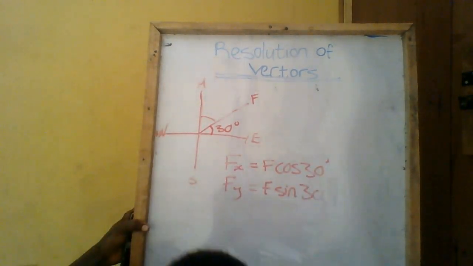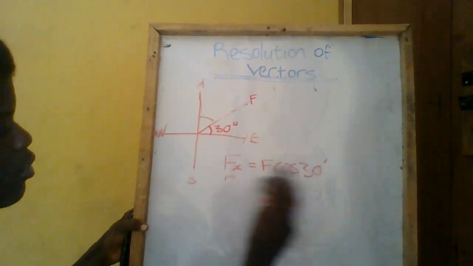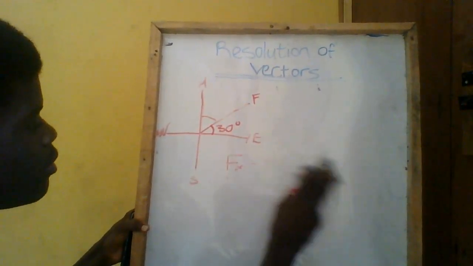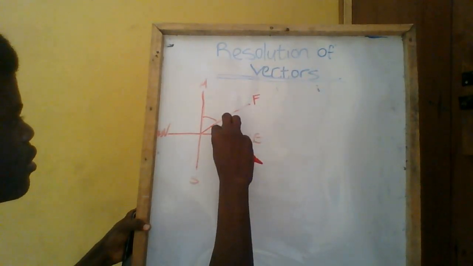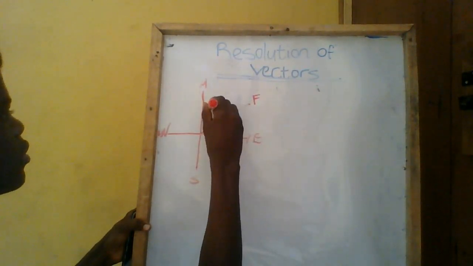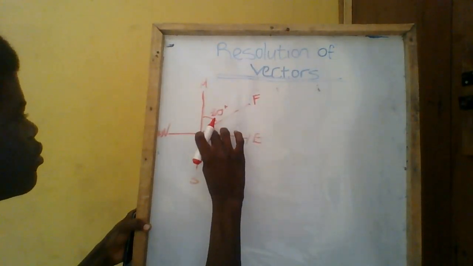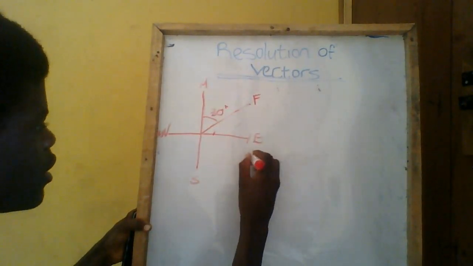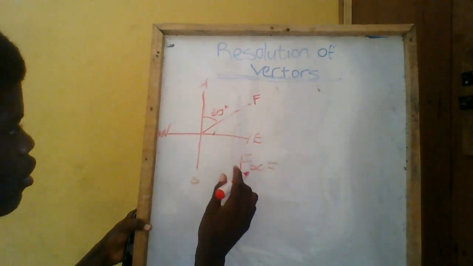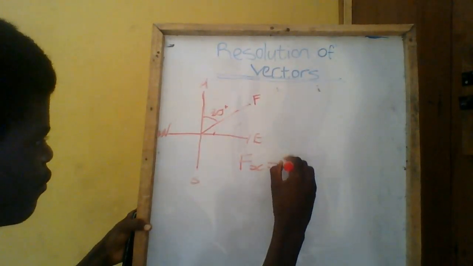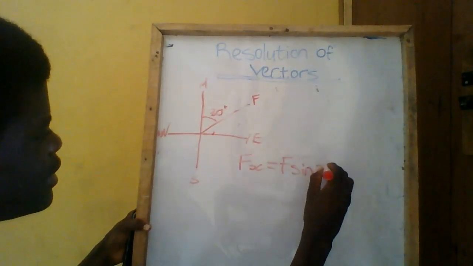Okay, this is a basic example. You guys will be like, okay, this one is blah blah blah. So let's assume this angle, 30 degrees, was here. Fx, which is in the horizontal direction, will now be F sin 30.